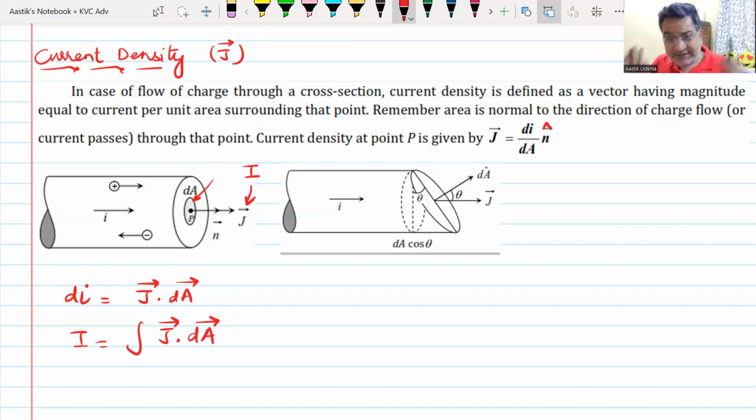Now the relation between current and current density: current density is the current per unit area, and current is the rate of flow of charges. The relation between I and J is the same as the relation between what?